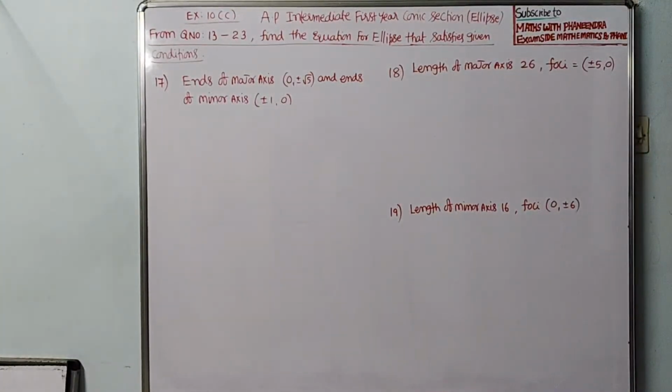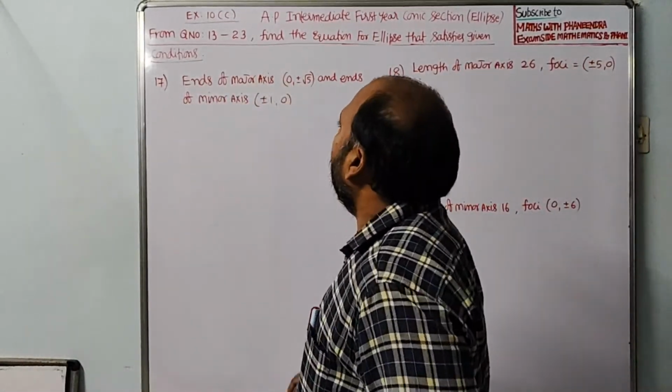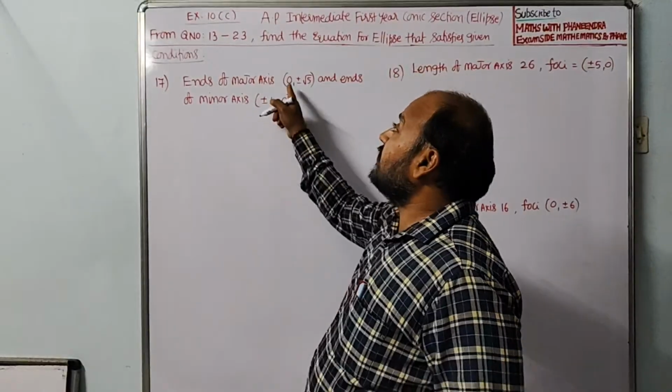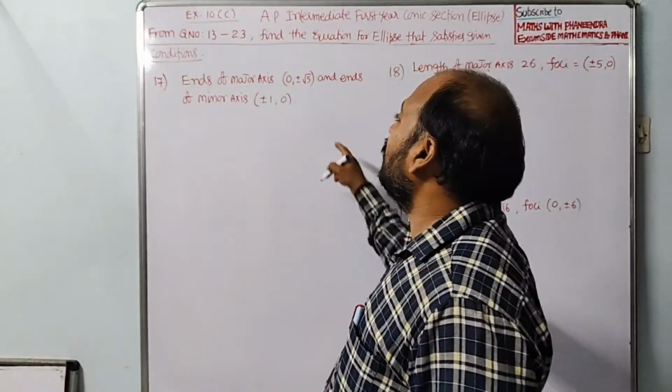So we'll finish these first: ends of major axis and ends of minor axis. Major axis ends 0 comma plus or minus root 5.